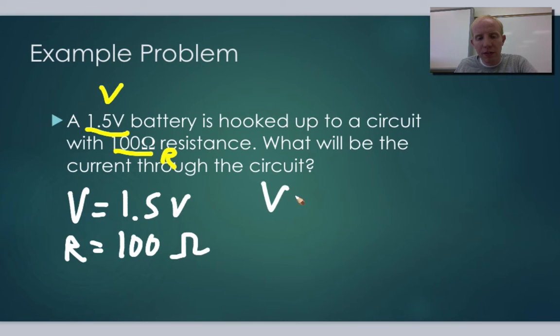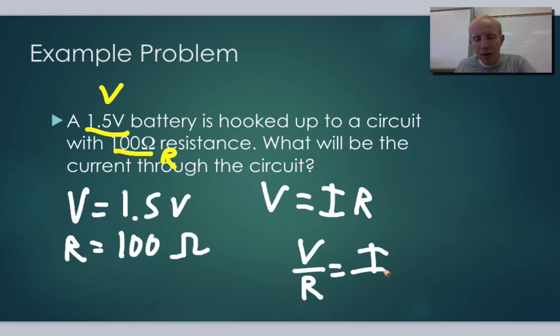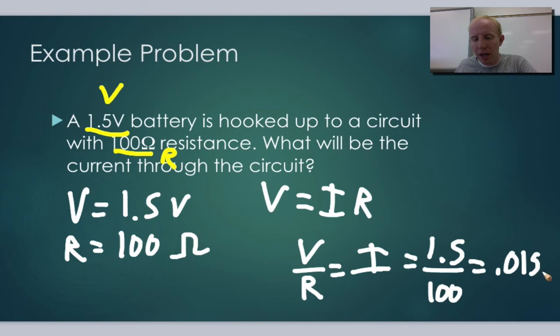So if V equals IR, and we're solving for current, we're just going to take the R and divide it over there, and we get V over R equals I, or the current. So in this case, V over R is 1.5 over 100, or that'd be 0.015 amps.